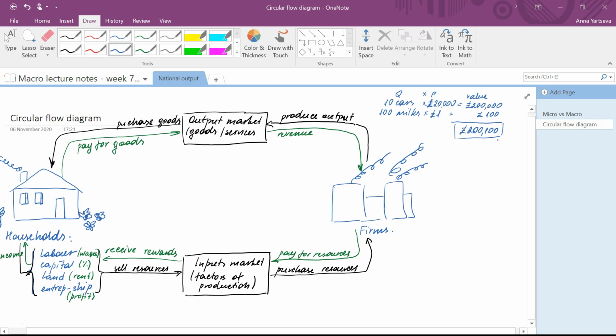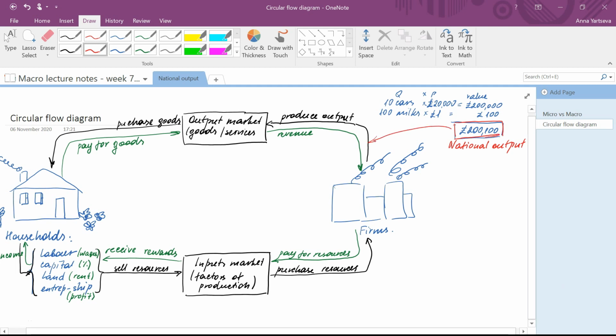This will be the value of our output. And this is exactly what the national product is. This is exactly how we measure GDP, gross domestic product, using the product method as national product or national output. This is the national output, the value of all goods and services produced in our economy.